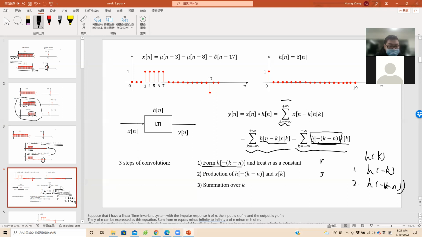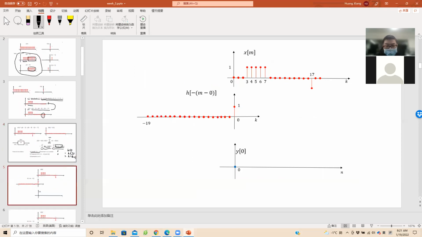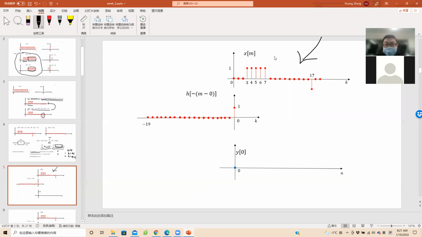Okay, next I will show you the animation of convolution. Since this singular is the input singular, and we just want to generate the y of 0, firstly we need to generate the h of minus m minus 0, so it becomes like this way.